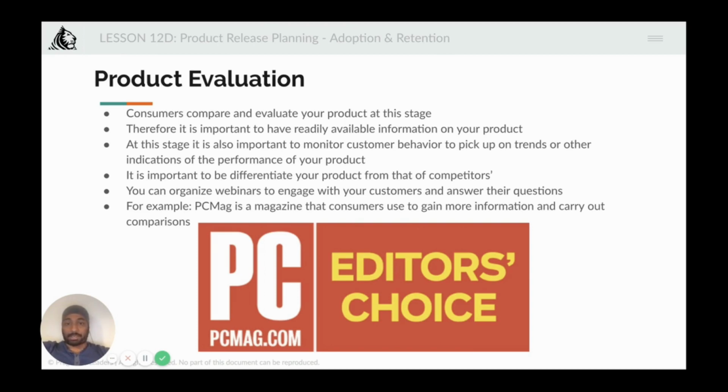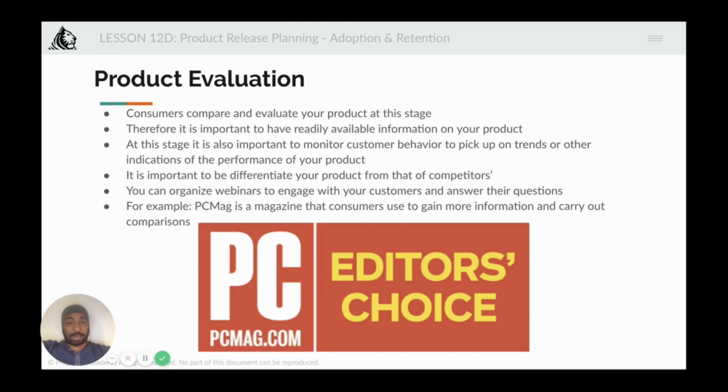Whatever it is, the entire idea is that at this stage, it's important that you are able to figure out how the customers are behaving, and how are they evaluating, which parameters are they evaluating on. Are these parameters the same as the earlier parameters that you identified when you're doing your user research, or they are turning out to be very different, right?